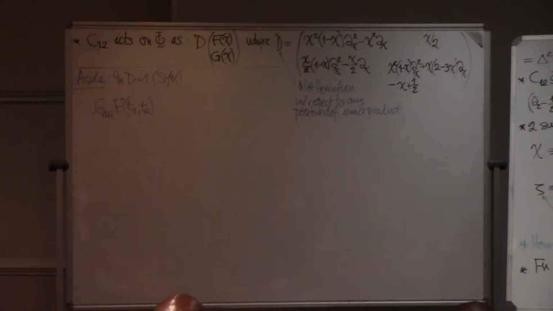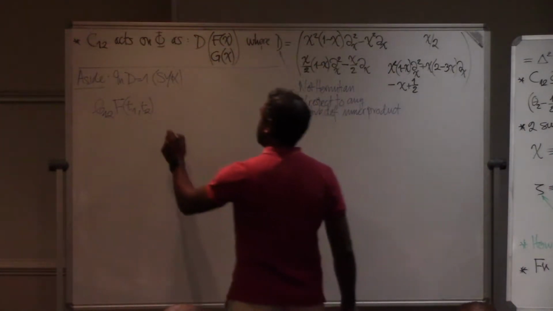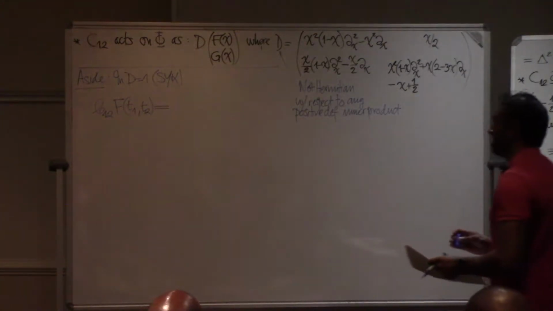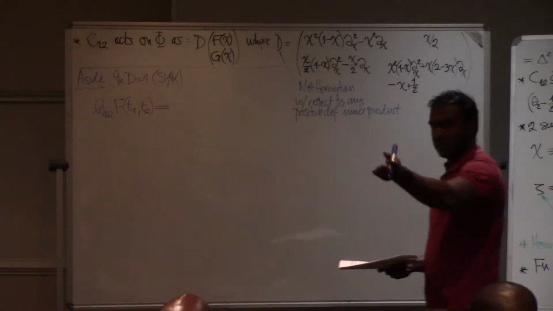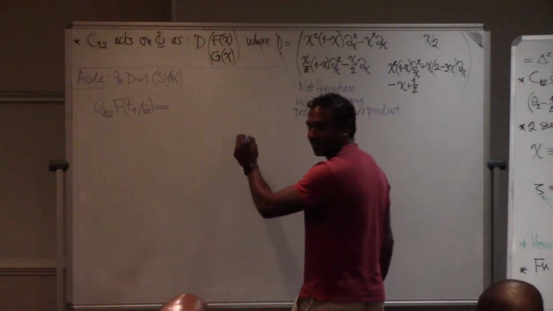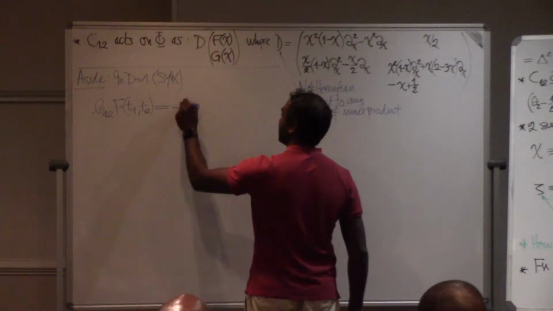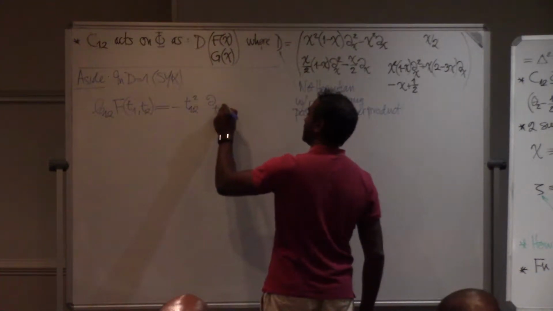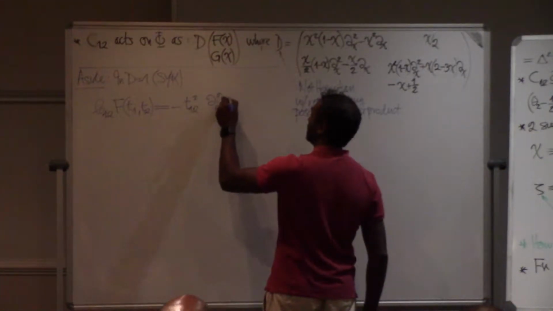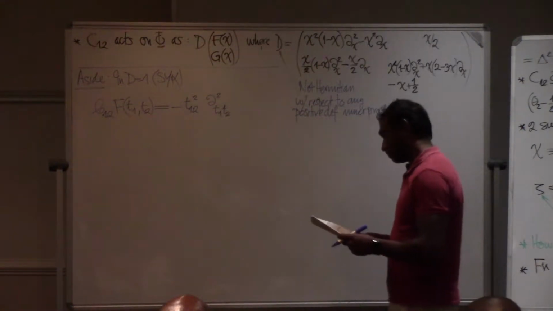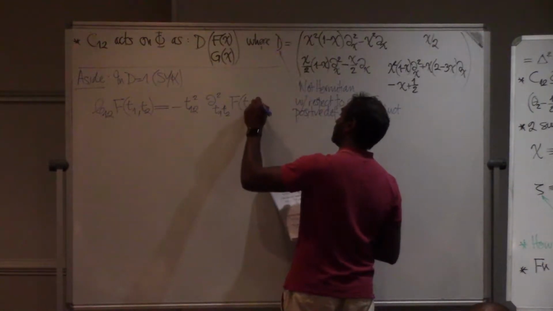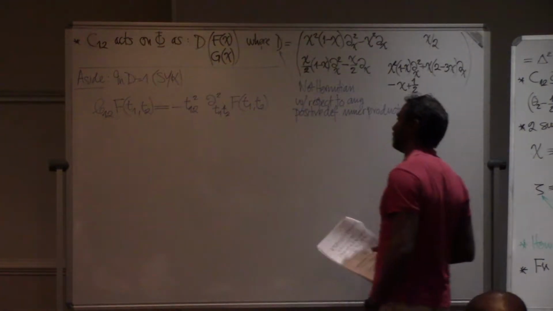Everything's taking place on a line. And the action of this, as you reminded me this morning, is minus T_12 squared dt1 dt2 acting on f of T1, T2.